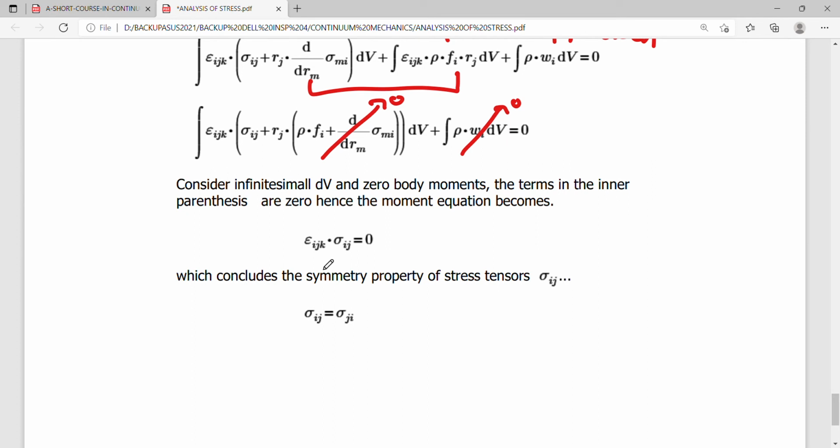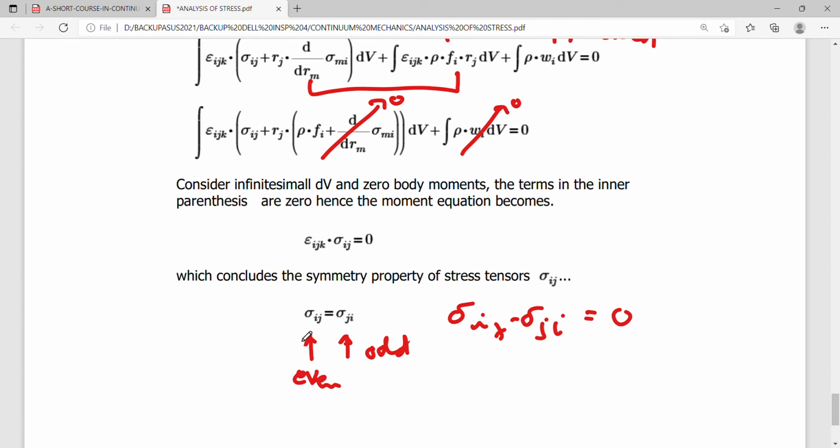So if this contracts, take note that epsilon i j k has only values of positive and negative permutation, or simply even and odd permutation, such that the positive will be written on the left side and the negative permutation will be written at the right side. So this is the even permutation and this is the odd permutation. Or we can just write it as sigma i j minus sigma j i is simply equal to 0.